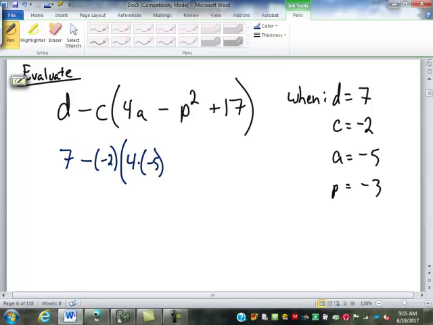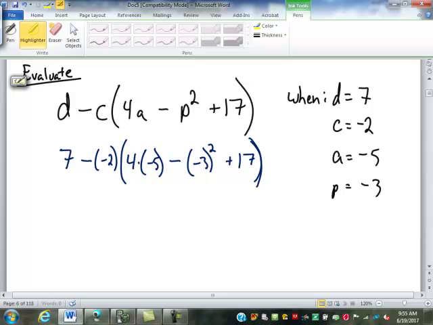Very good. Minus negative 3 squared, negative 3 to the second power. Then notice again I put the negative 3 in parentheses. Plus 17 and close my parentheses.